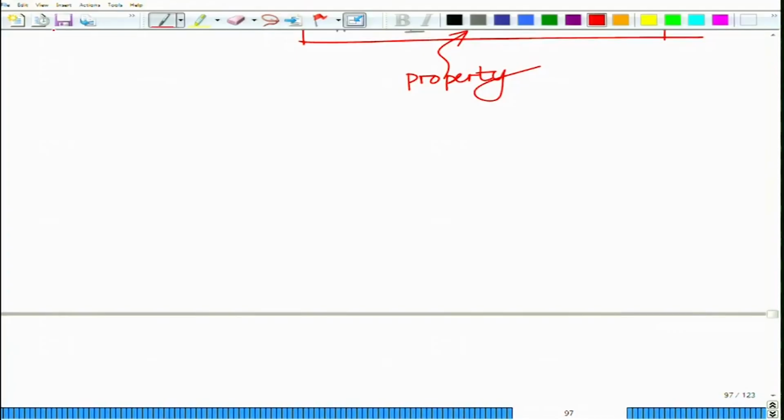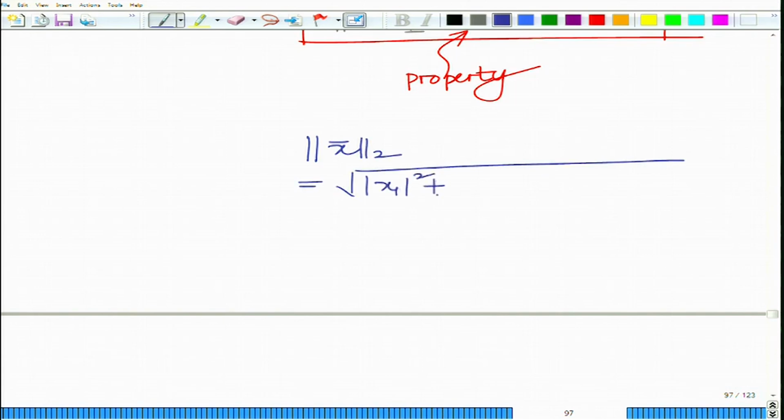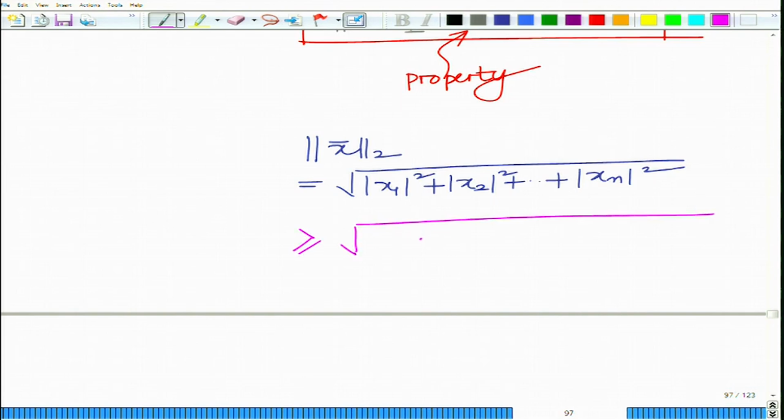If you look at the 2 norm, this is equal to the square root of magnitude x1 square plus magnitude x2 square plus magnitude xn square. This is the sum of the squares of the magnitudes of all the elements.